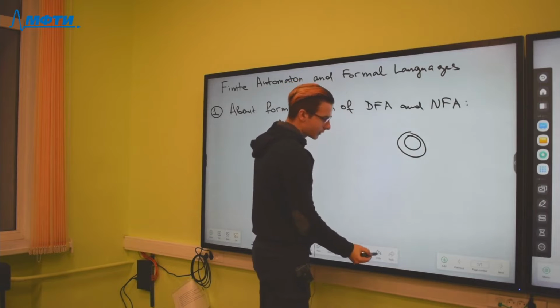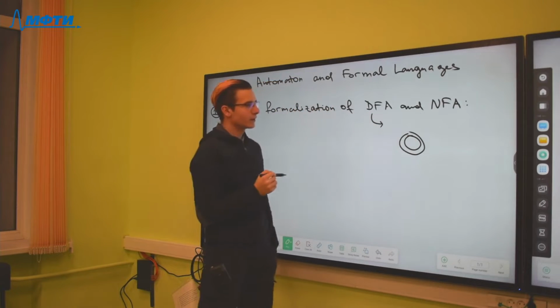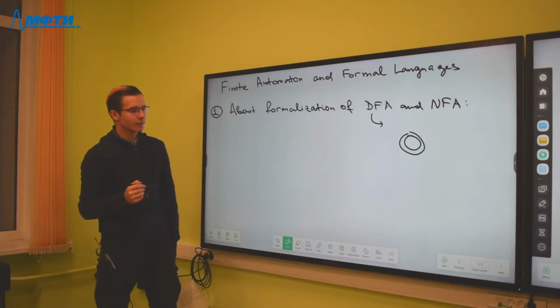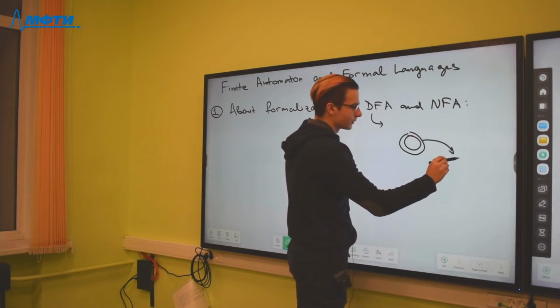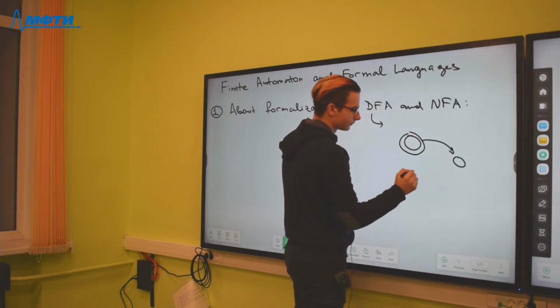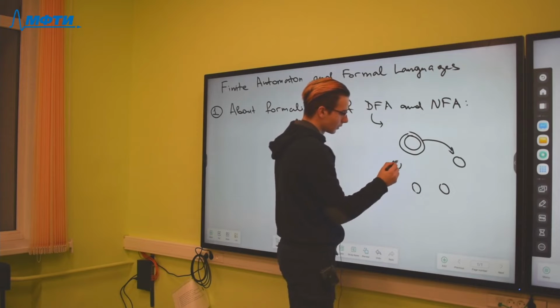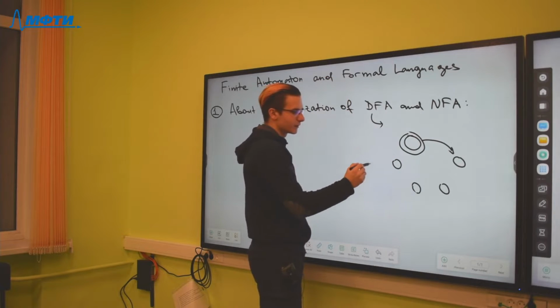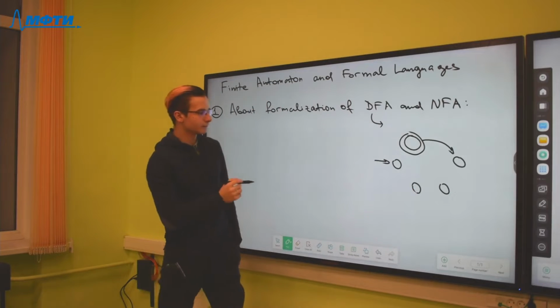So we talked about DFA and NFA: it is a graph with transitions on the edges between vertices. The vertices are the states of the automaton.